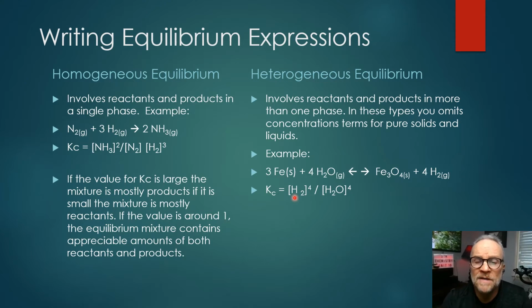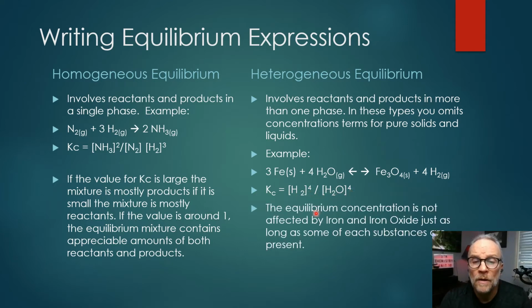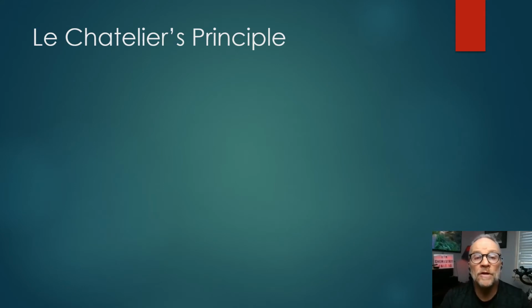So here our Kc value is our concentration of our product hydrogen raised to the 4th, and our concentration of water raised to the 4th power. The equilibrium concentration is not affected by iron and iron oxide just as long as some of each is present during this reaction. Okay, so now we're going to talk about something called LeChatelier's principle.